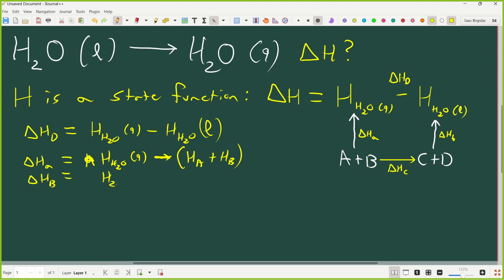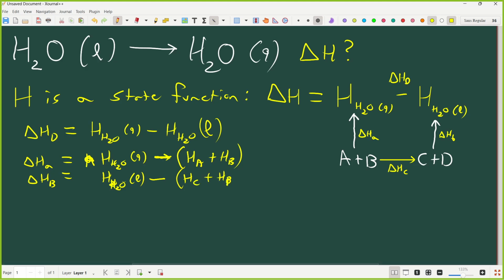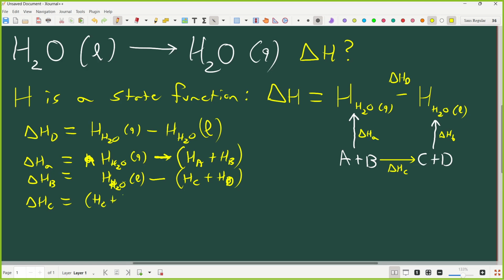HB is the enthalpy of H2O liquid minus the enthalpies of C plus D. And then HC is the sum of the enthalpies of C and D minus those of A plus B. So I've just made a bunch of different reactions that are all differences of products minus reactants.